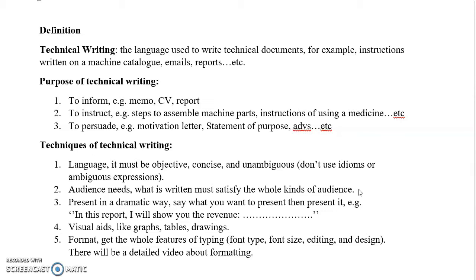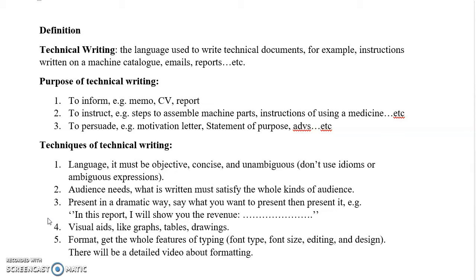The third technique, I have to present in a dramatic way. This is so important because I am not writing for a lecture, for example, or in school. So I have to say what I want to present, then I have to present it. For example, in the instructions for using a medicine, all titles must be clear.